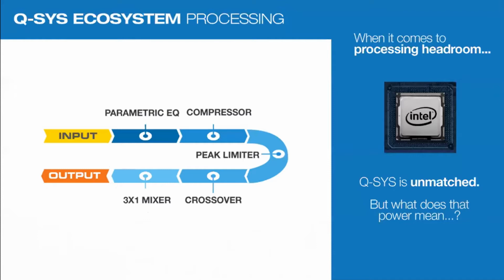If we compare the processing headroom of Q-SYS to some of our competitors, we drew up a simple design with this signal processing chain and tried to compile it in various manufacturers' design software.